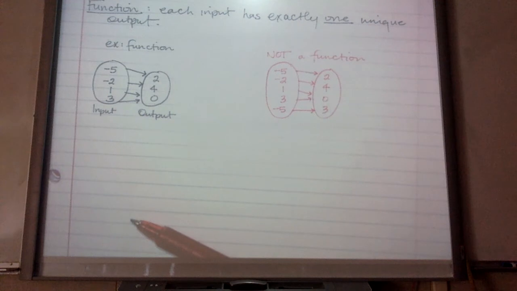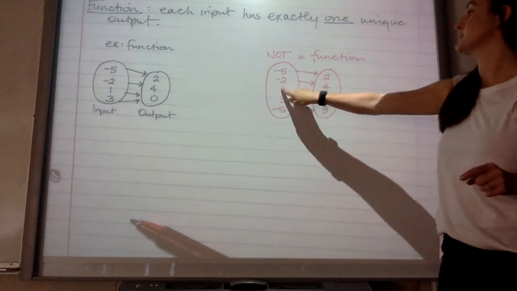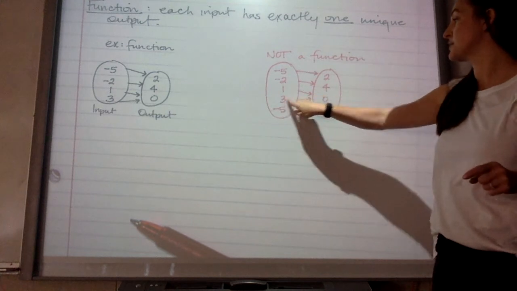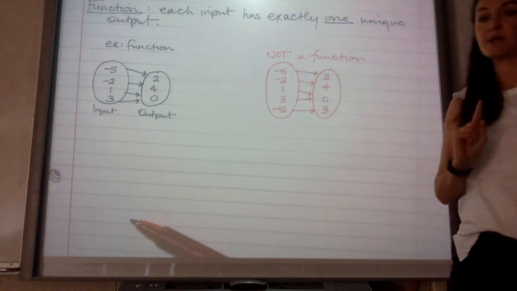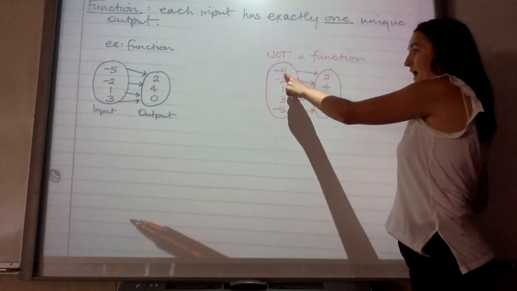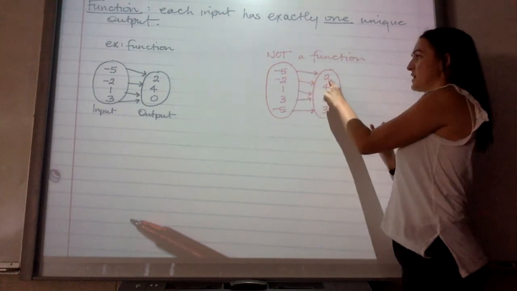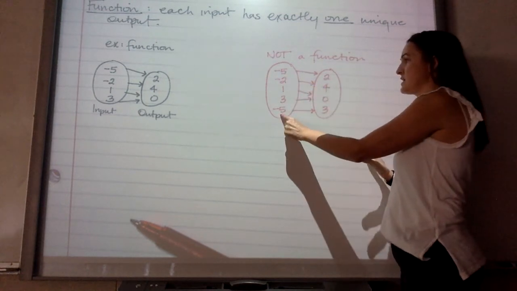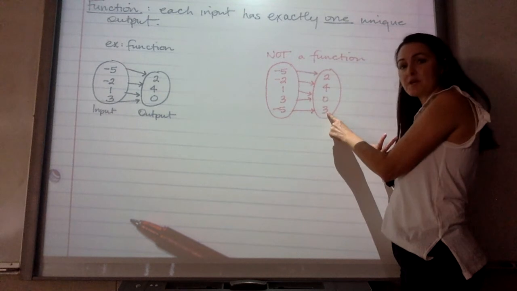Now, this is not a function. Not because of these guys. This has a 0 as an output, this has 0 as an output. It's because -5, when I plugged it in at 8 a.m., gave me 2. Later that day, I plugged in -5 and got 3.